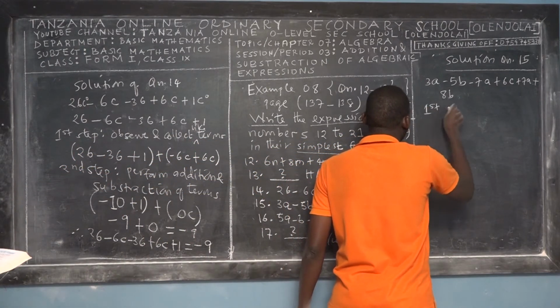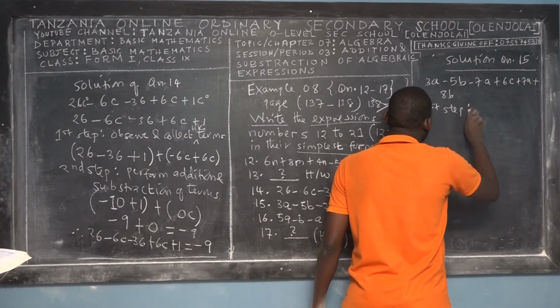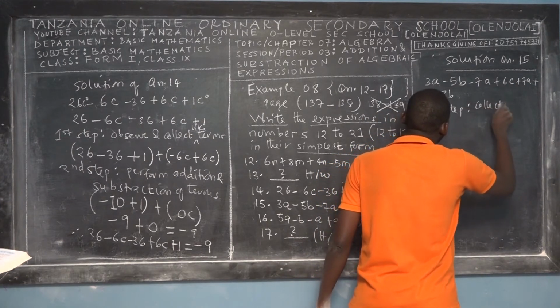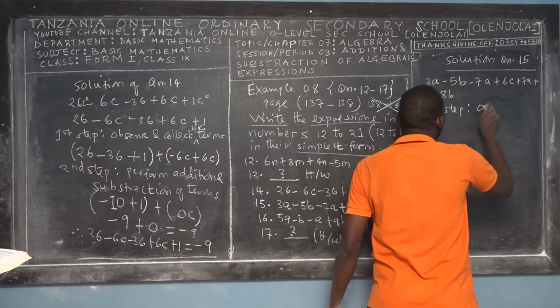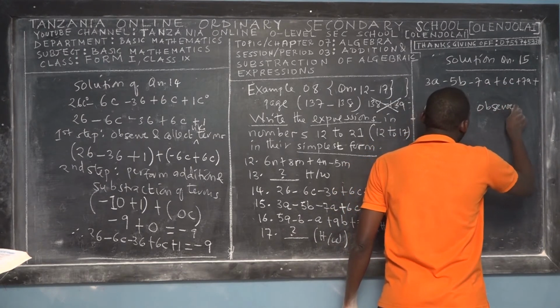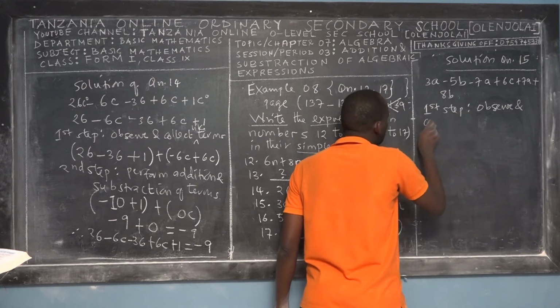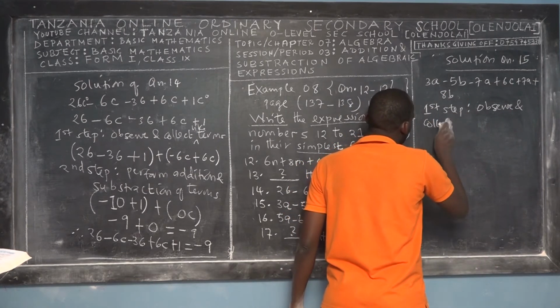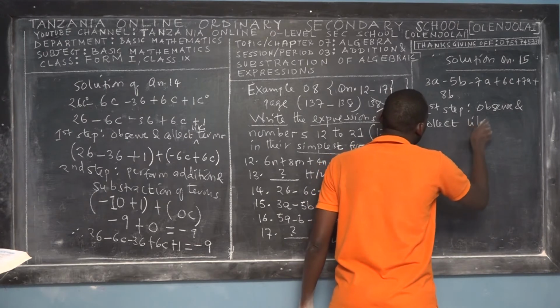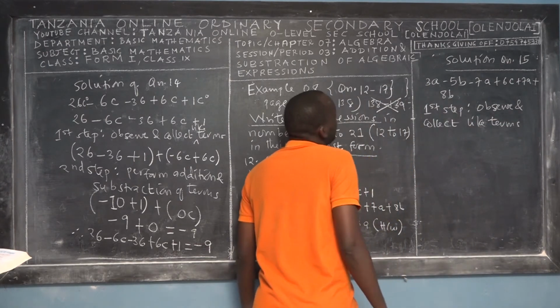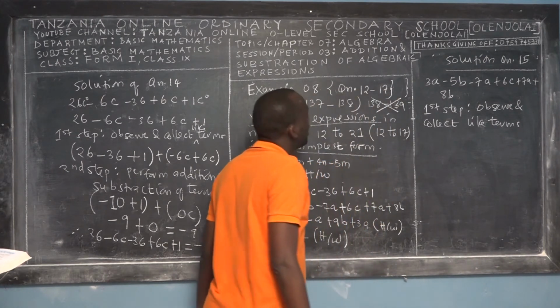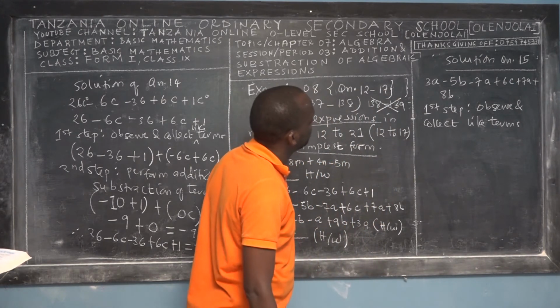So tunaenda kwenye hatua ya kwanza. The first step, we say observe and collect like terms. How many unlike terms do you have? How many letters do you have? A, B, C, right?